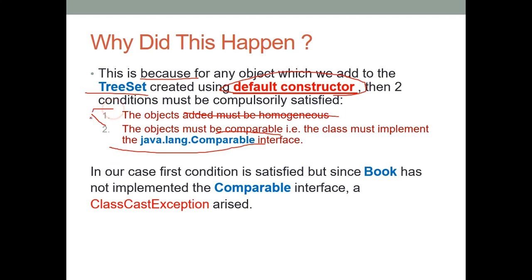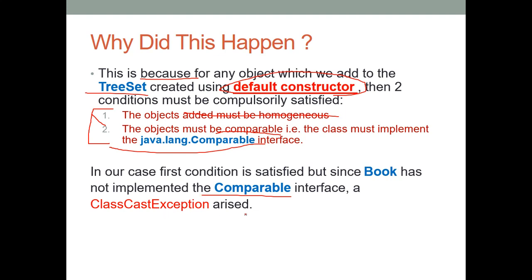You have to satisfy these two conditions, then only you can insert the object in the TreeSet class. In our case the first condition is satisfied, but since Book has not implemented Comparable, the exception is thrown. I hope it is clear.